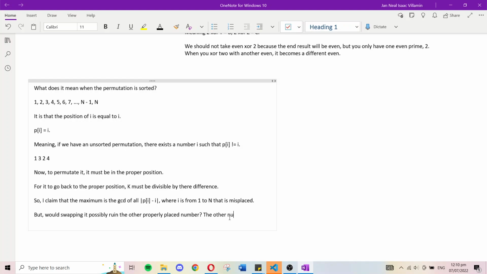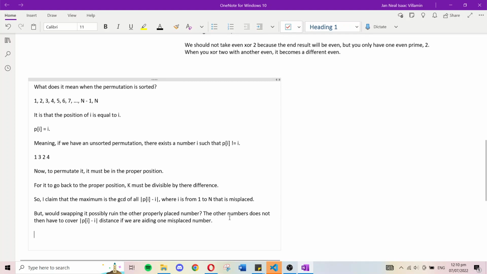The other numbers do not then have to cover the Pi minus I distance if we are adding one misplaced number, right?